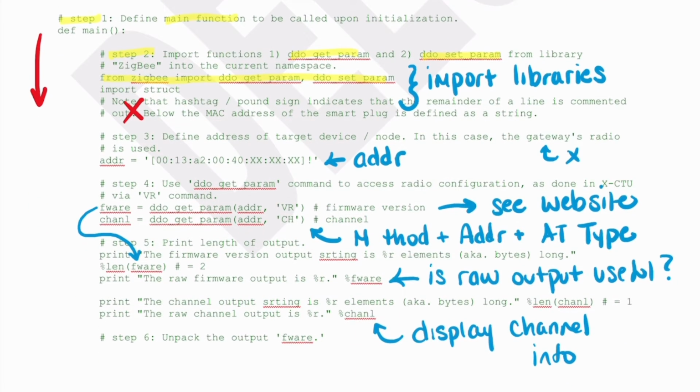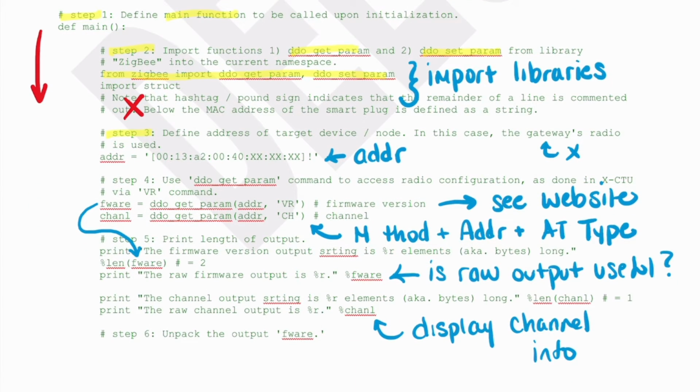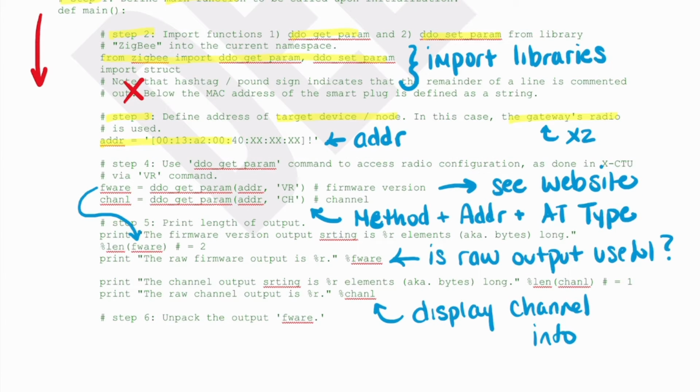Okay, step three is going to be to define the address of the target device or node. In this case, we're going to be using the X2 gateway radio's address, but that's really not important to this example. And you can see that the address is listed right here. Step four, we are going to use the DDO get param command to access the radio's configuration, as done in the X-CTU application.